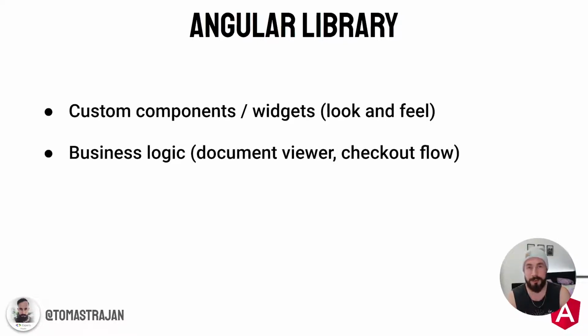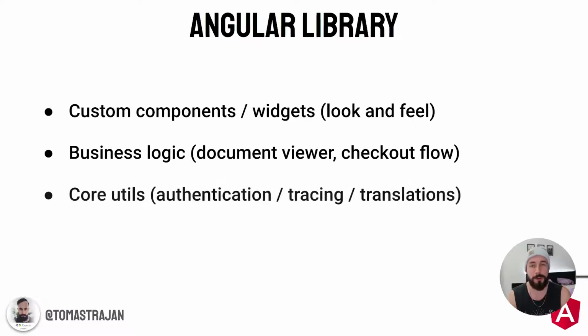For example, a document viewer, a checkout flow, a login screen, or a customer profile, which we may want to share across multiple applications that need to show these components with the related services. Or it can be even an extracted lazy route, which is then used across multiple applications, right? Or it can be core utilities, which implement cross-cutting concerns like logging, telemetry, authentication, and what have you, right?